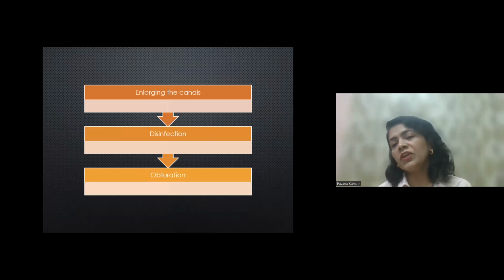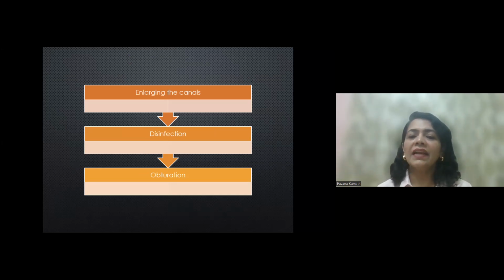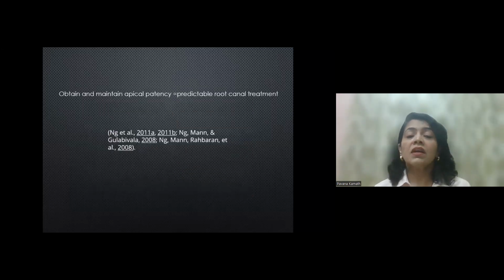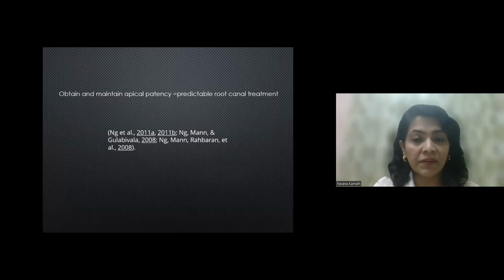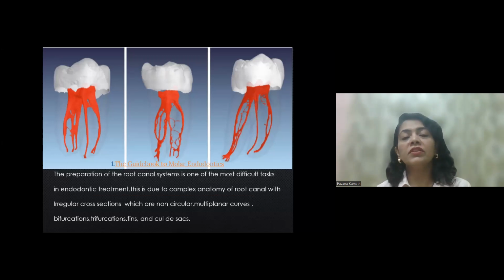So basically, if we were to put the biological insights and the technical know-how together, we can conclude that obtaining a reproducible glide path and maintaining apical patency is the single most important factor to achieve a predictable root canal treatment.